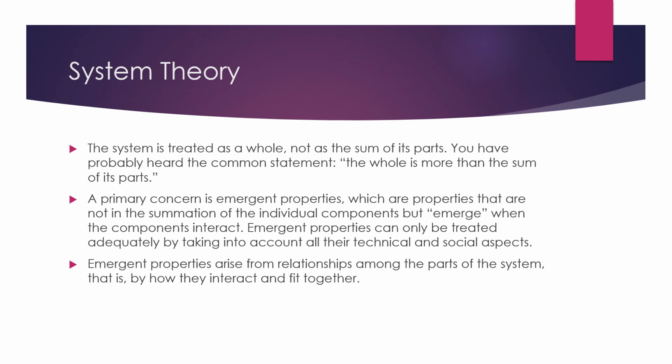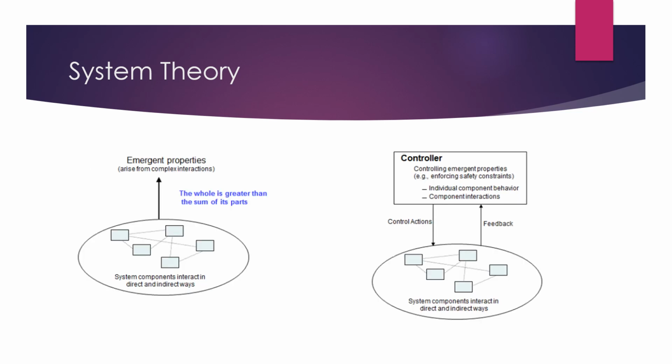A primary concern is emergent properties, which are properties that are not in the summation of the individual components but emerge when the components interact. Emergent properties can only be treated adequately by taking into account all the technical and social aspects. Emergent properties arise from relationships among the parts of the system, that is, by how they interact and fit together.